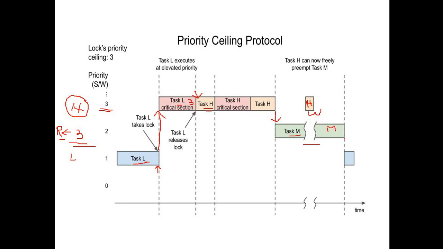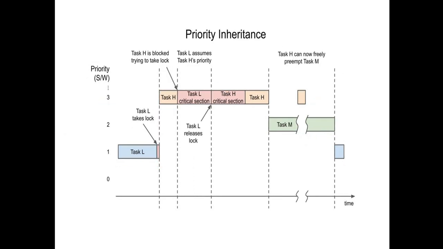Then once task M completes its execution, if any pending task for L is there, then task L will go for its execution. So in that way, the priority ceiling protocol helps a higher priority process complete its task before a low priority process.